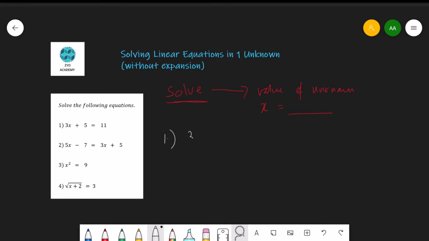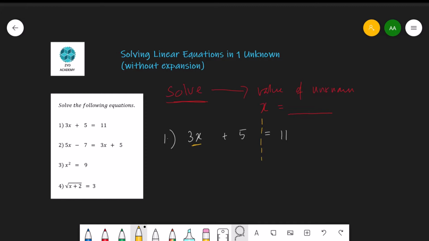We have 3x plus 5 equals 11. The idea here is to firstly identify where your unknown is. In this case, our unknown is over here, and the second thing is to have a reference point of the equal sign.